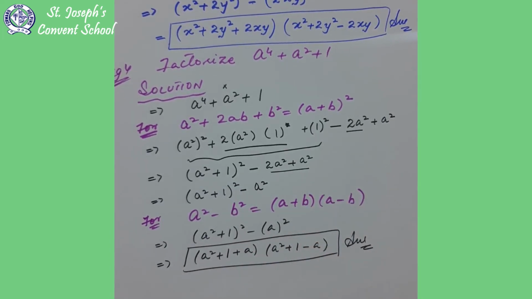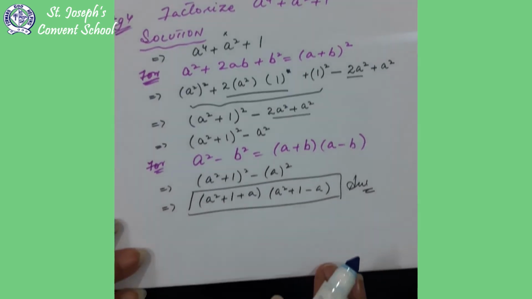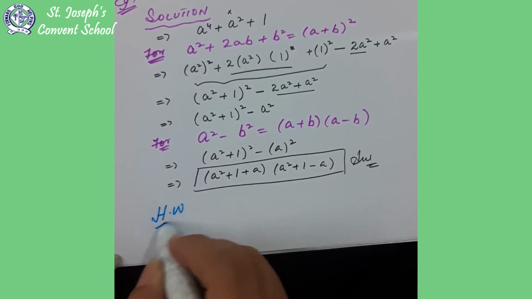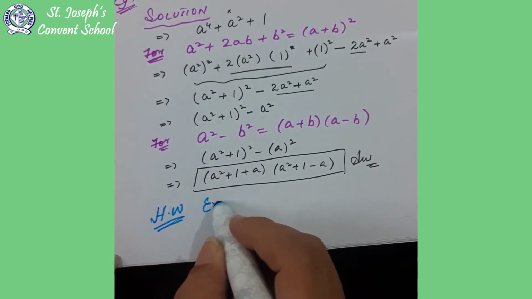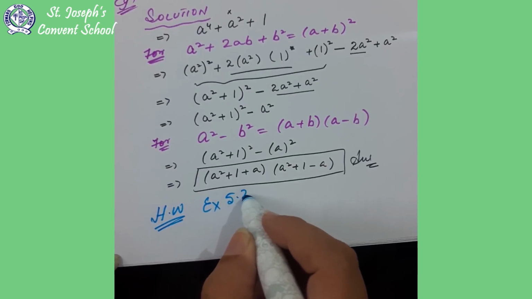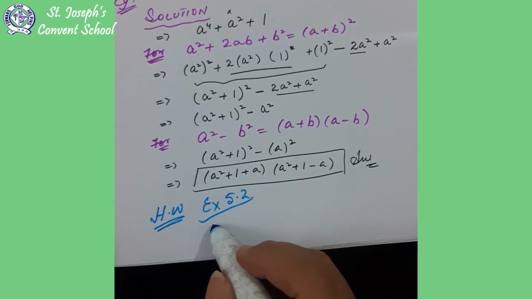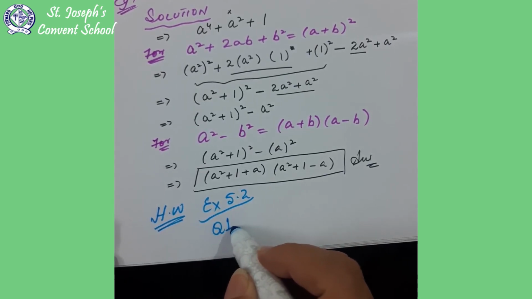I hope you have understood this. Now what you have to do is solve the exercise. Your homework is to do the exercise. Try to do exercise 5.2. Question number 1, you will solve it.